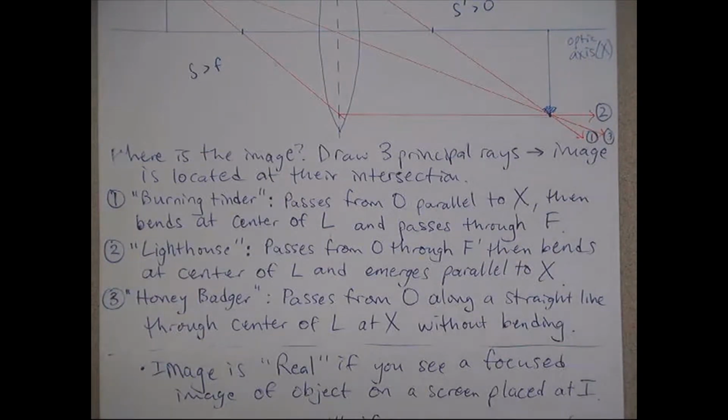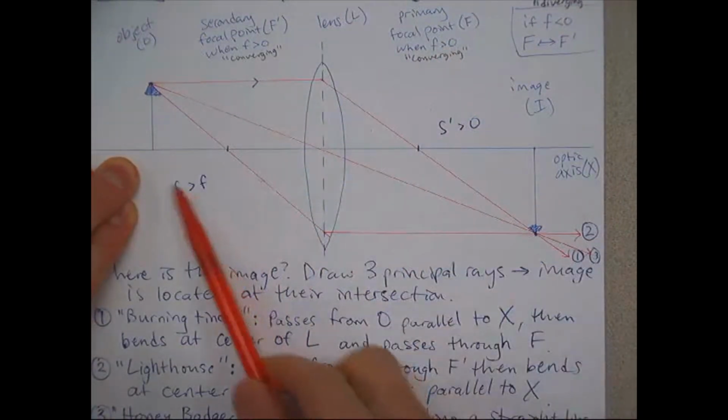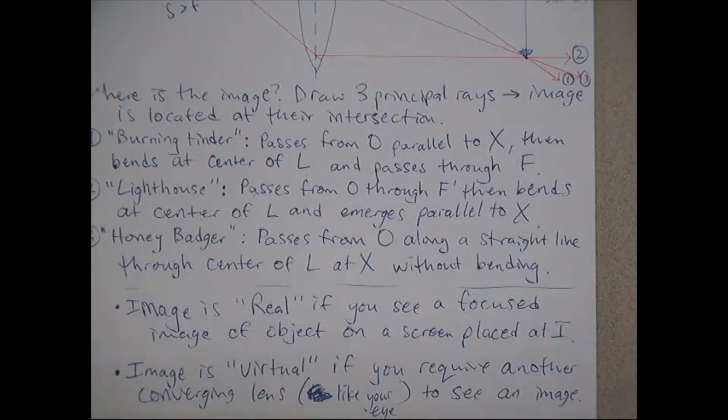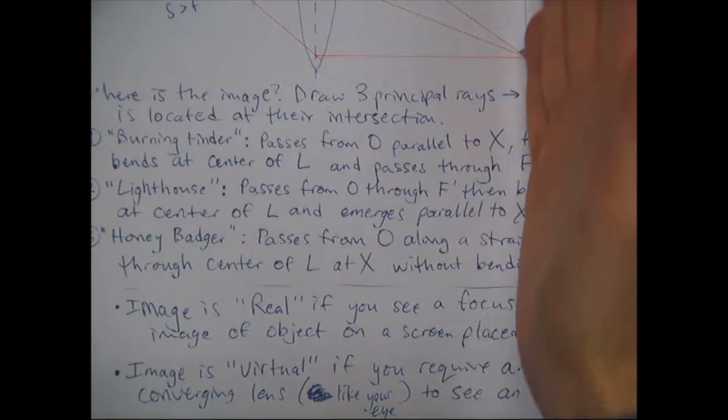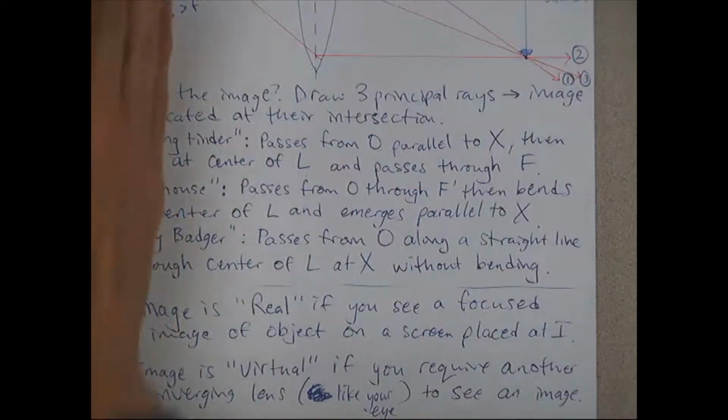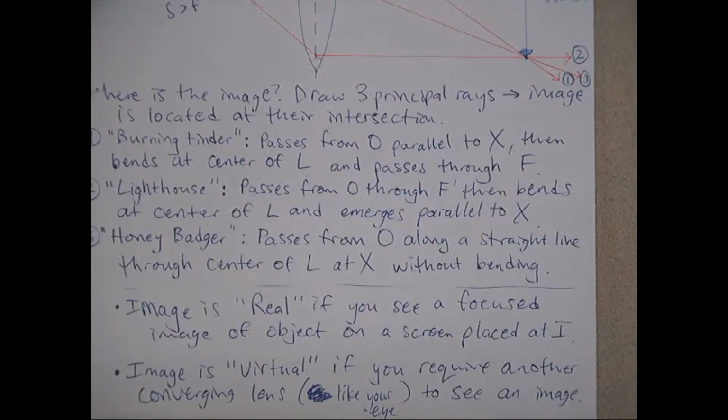There will be three other examples, three combinations of focal length and object distance, which will give us something called a virtual image. A virtual image will not form an image if you were to place a screen at the image plane. You will not see anything on that screen.